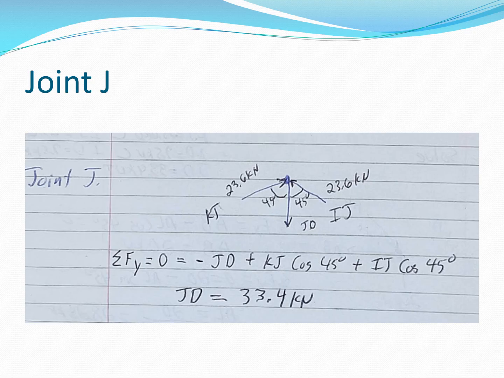IJ is the same as KJ because of the symmetry. So because we know those two, we can sum the forces in the Y direction. We could sum the forces in the X direction too, but it doesn't get us any closer to the last unknown of JD in this case. So we can sum the forces in the Y direction. We know KJ, we know IJ, we can plug those values in, and we can solve for JD.